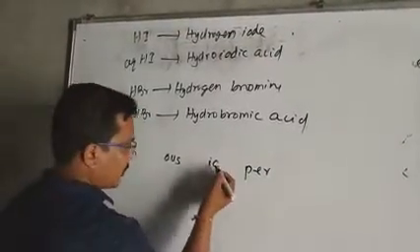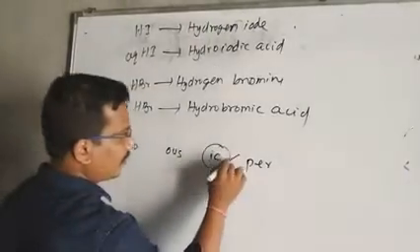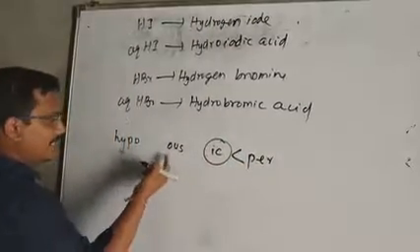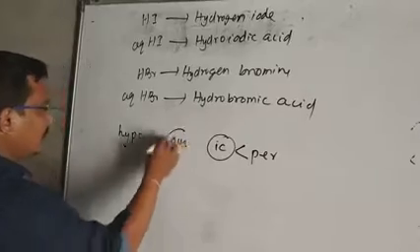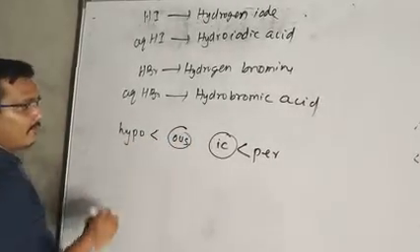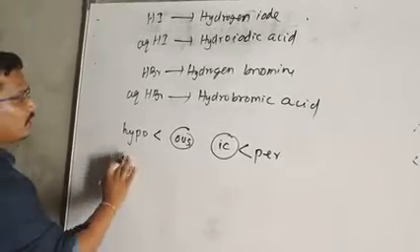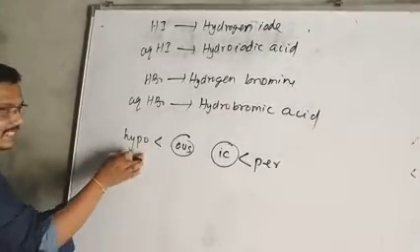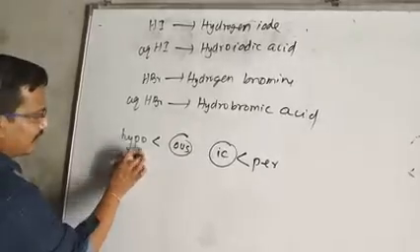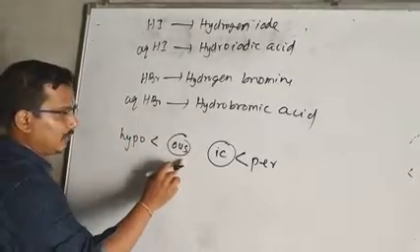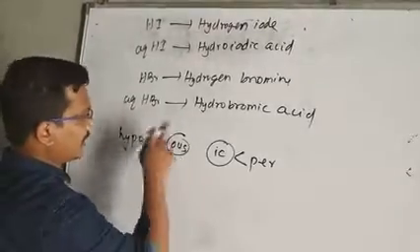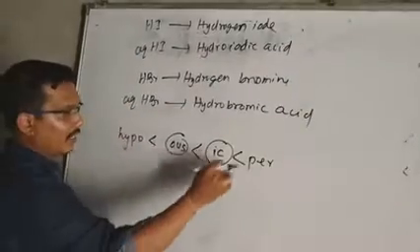Remember, the highest, as compared to ic, is per, and the lowest, as compared to ous, is hypo. If you arrange them according to order, hypo corresponds to the least oxidation state, then a higher oxidation state is denoted by ous, next higher by ic, next higher by per.